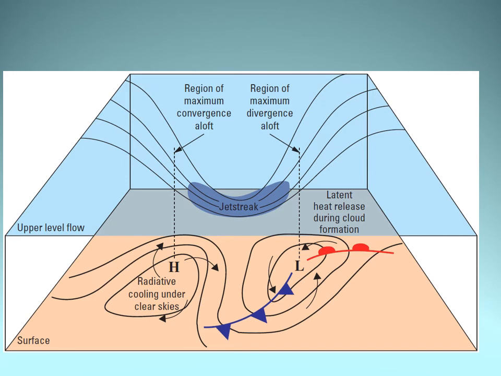Within the jet stream, we can get something called jet streaks, extremely fast moving air. We can often use these jet streaks to assess the general area where we're going to have severe and hazardous weather.